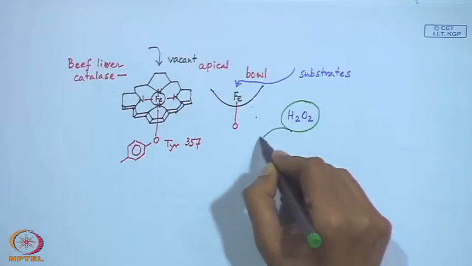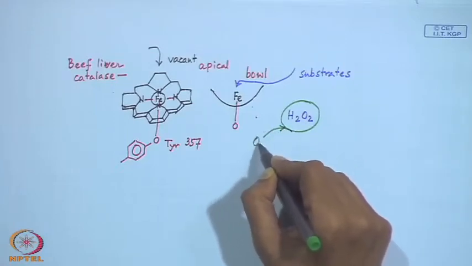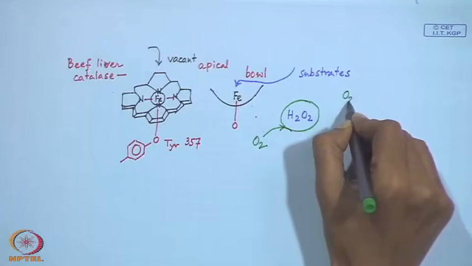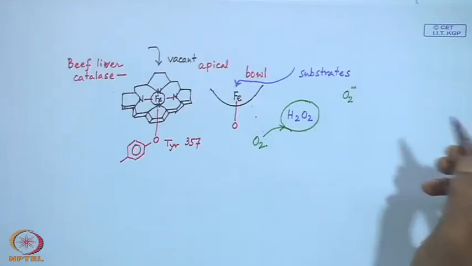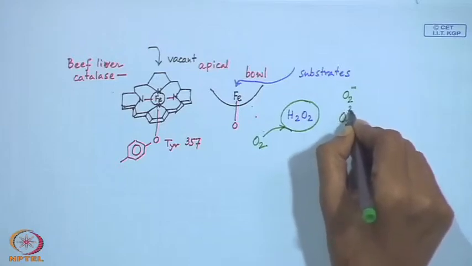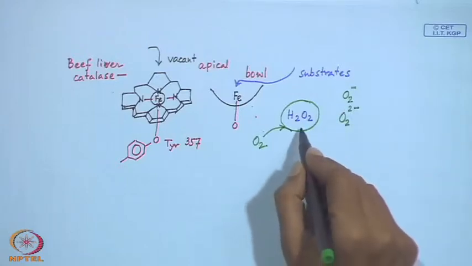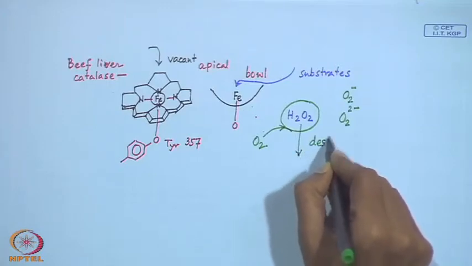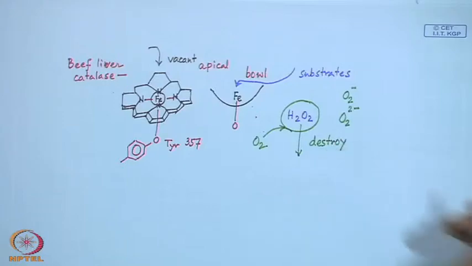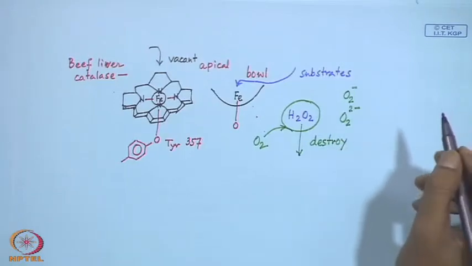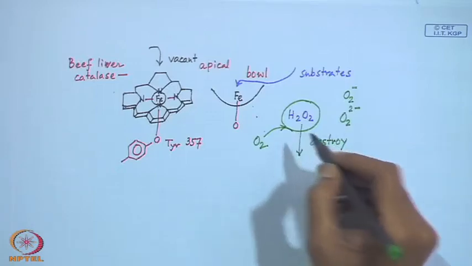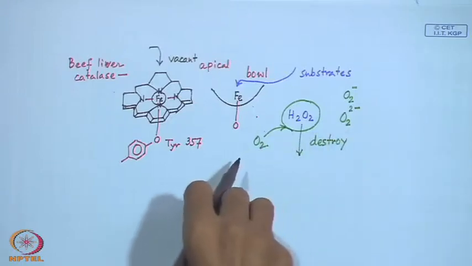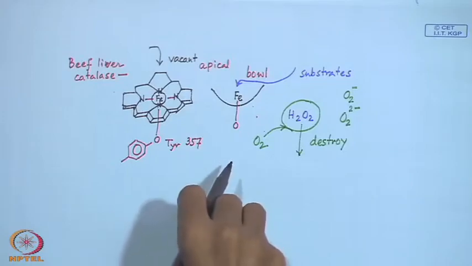When we use dioxygen for glucose oxidation or food oxidation, some superoxide forms, and then some hydrogen peroxide also forms. So there should be some suitable mechanism to destroy this. We are able to destroy some of these hydrogen peroxide molecules through the catalase activity, where one hydrogen peroxide reacts with another hydrogen peroxide through this iron site.